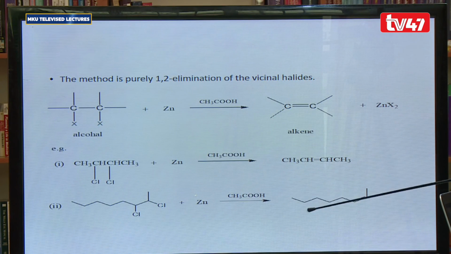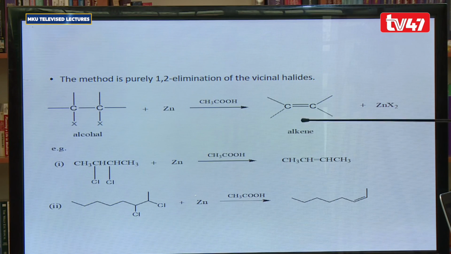And here are various examples. And this happens in the presence of ethanoic acid.